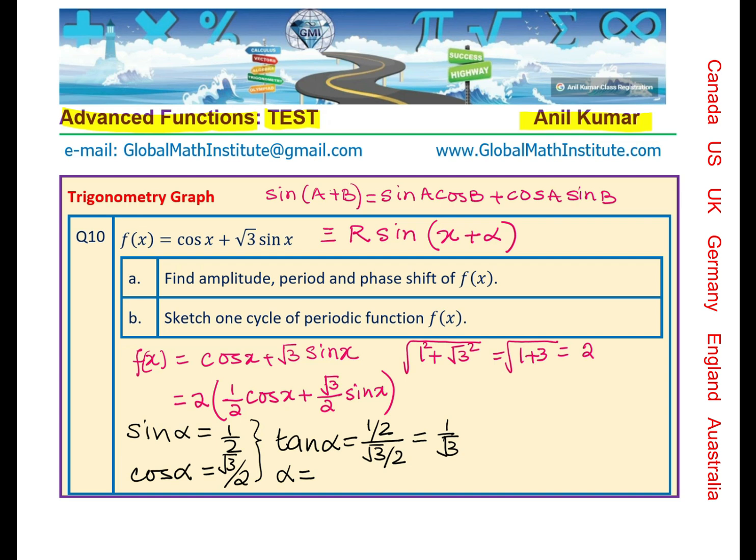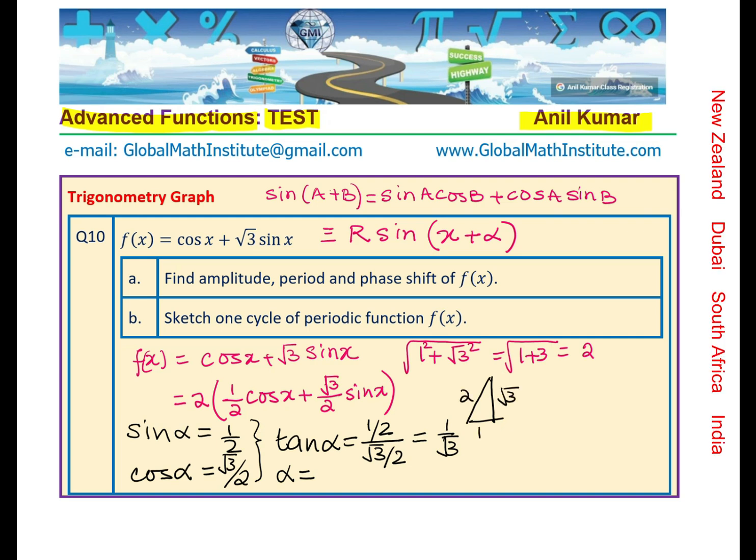So all this is indicating one thing to us, that we're looking into this particular triangle with sides 1 to square root 3, and sine alpha of half means that angle, which will be pi by 6, right? So pi by 6 becomes the angle. You get the whole idea.